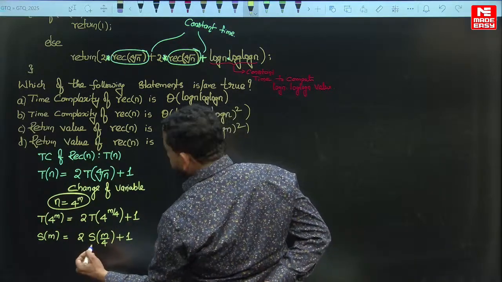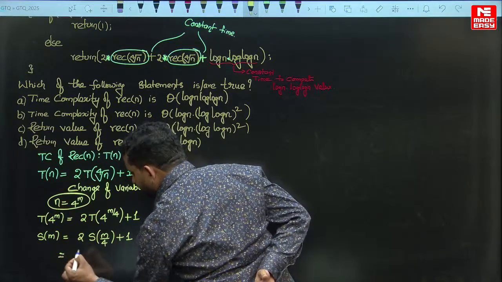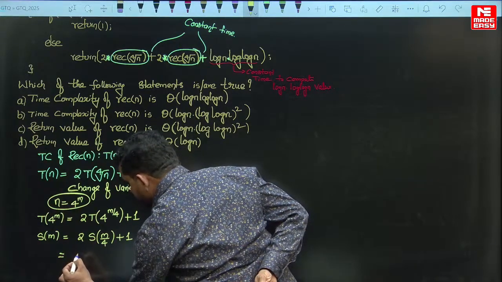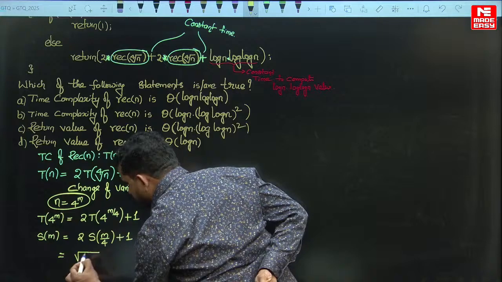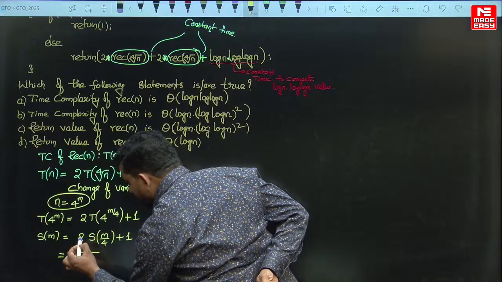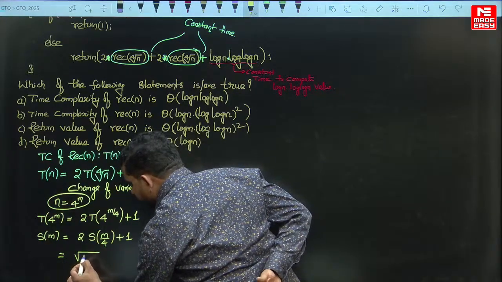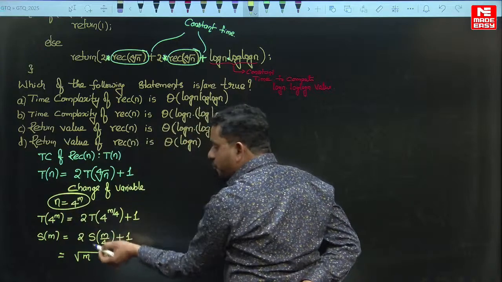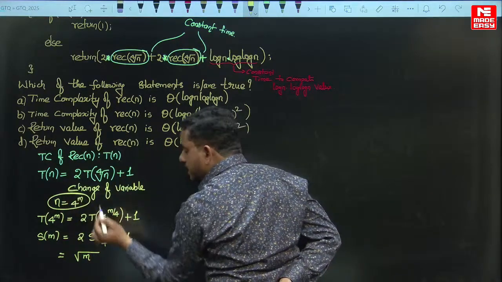So this is equal to square root of m times log to the power 0. Since n equals 4 power m, m is log n base 4.